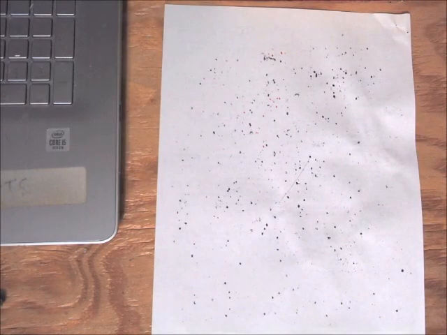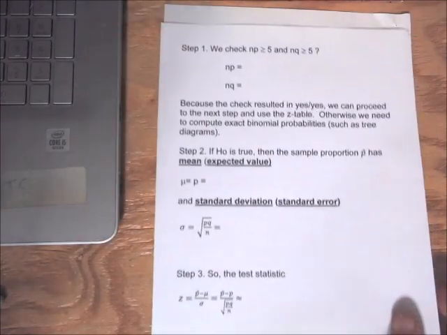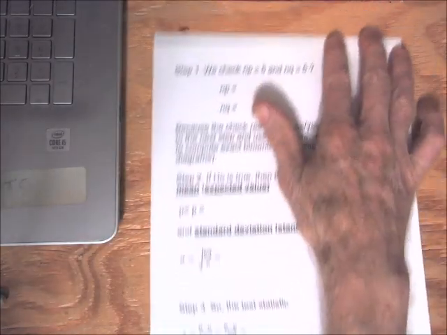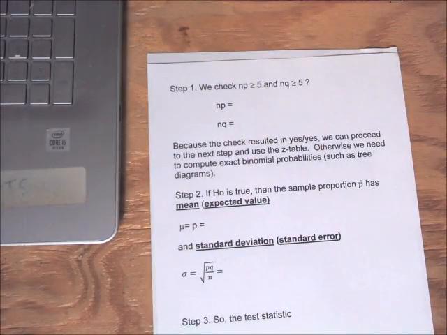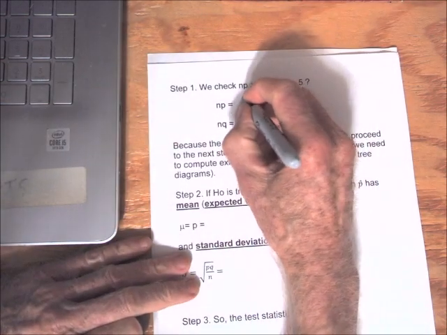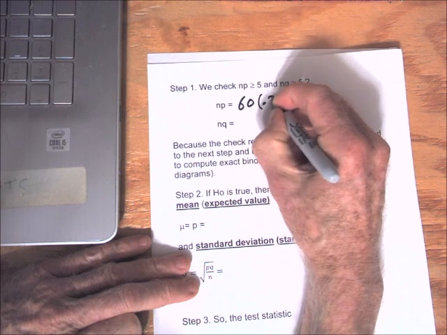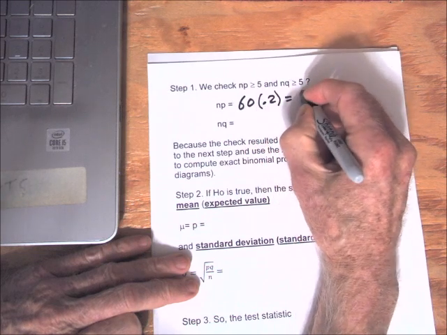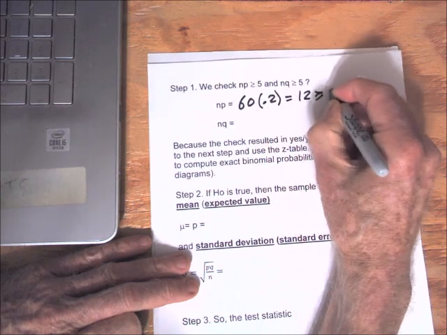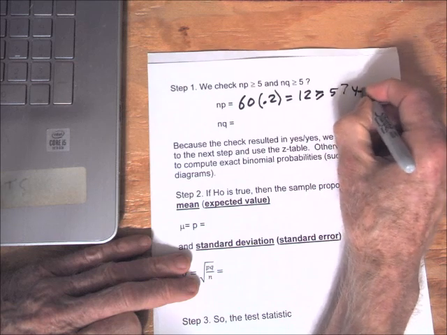Okay, so the first step in testing the hypotheses is to check whether n times p and n times q are both at least 5. So our sample size n is 60. And for p, we're using the value of p if H0 is true. So 60 times 0.2 is 12, greater than or equal to 5, and that's a yes.